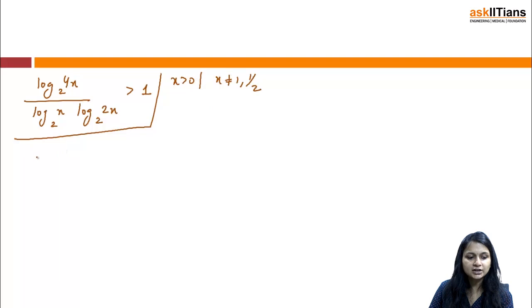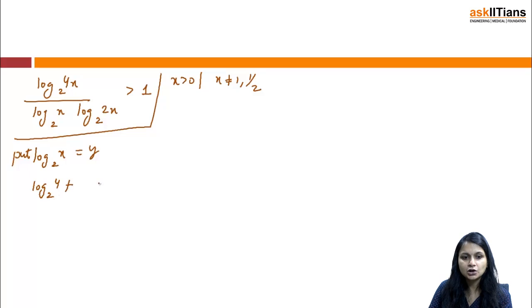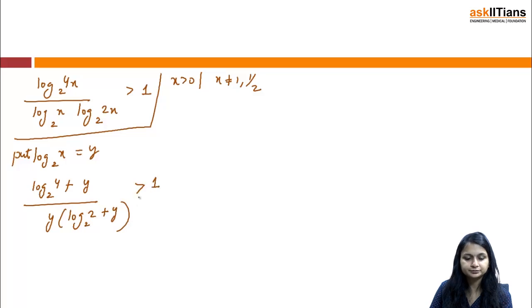Now to solve this, students, let us assume that log x to the base 2 is equal to y. If I put this, here it becomes log 4 to the base 2 plus log x to the base 2, that is y, upon y, and log 2 to the base 2 plus y again, greater than 1.